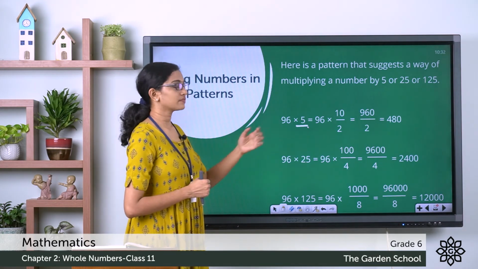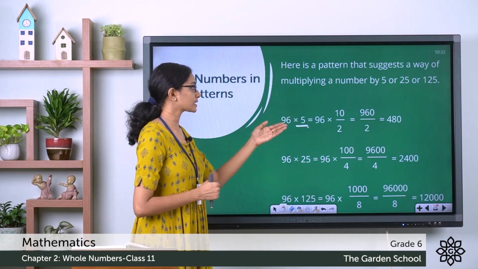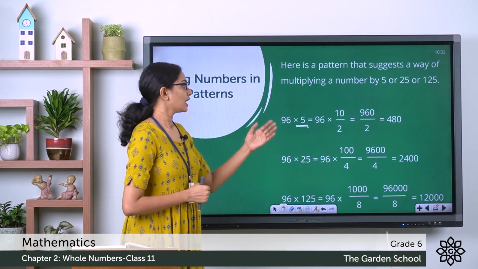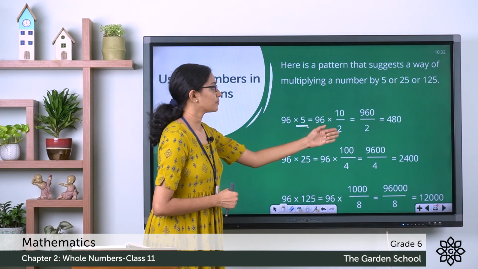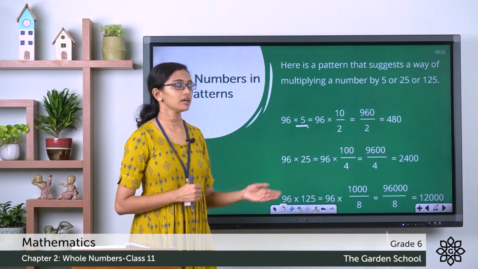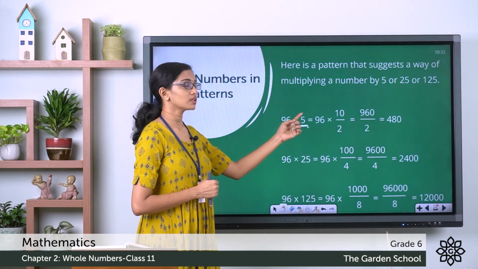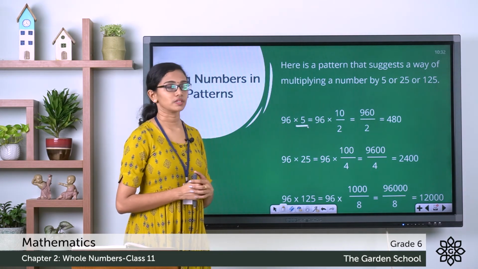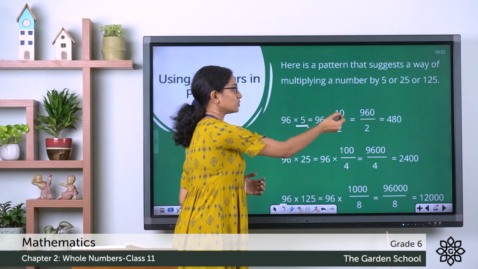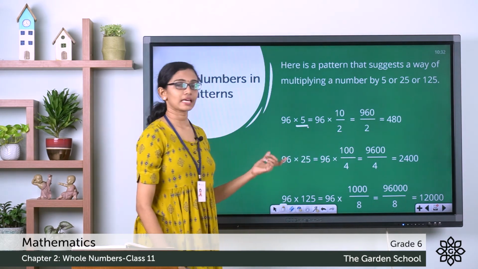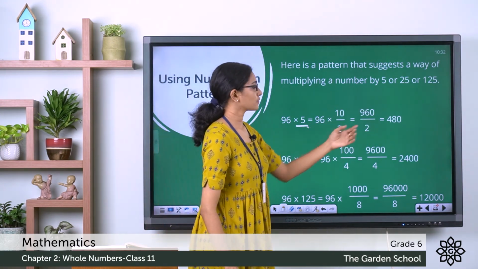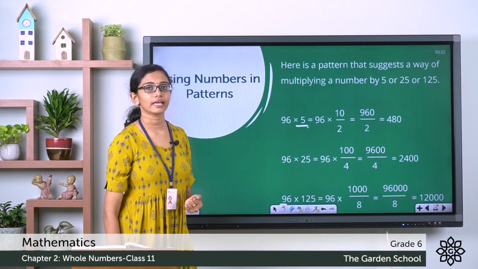So instead of writing 5 here, I am going to rewrite this multiplication fact as 96 into 10 by 2. A whole number into a fraction will give the numerator equal to the whole number into the numerator of the fraction. So this becomes 960 divided by 2, which is equal to 480.